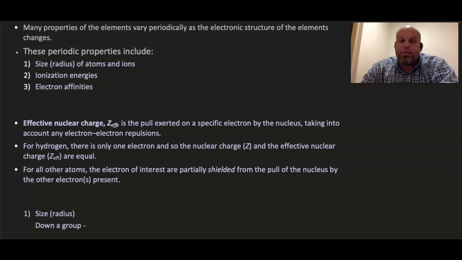For all other atoms, the outermost valence electrons are shielded from the pull of the nucleus by other electrons present. This is an important concept to keep in mind as we talk about these properties, because in many cases we're going to be talking about the effect of the valence electrons and their attraction to the nucleus.